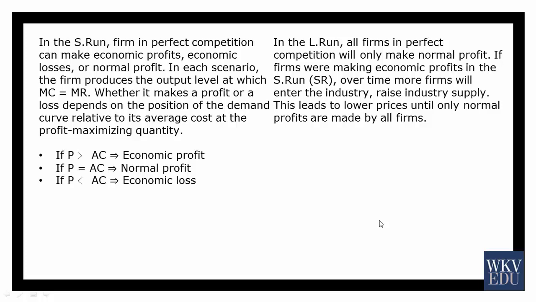When other players enter the industry, the overall industry supply increases. And as we all know, as supply increases, it will lead to lower prices until all firms earn normal profit.